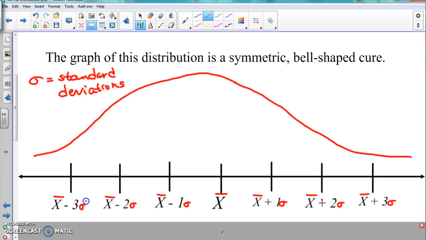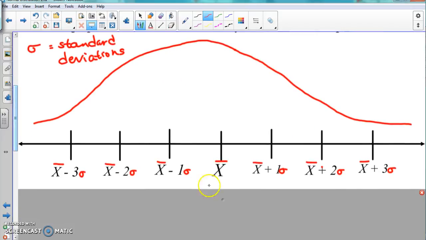Each one of these is the standard deviation sign, not an O. It's the sideways B. I'm sure people are going to say, well, Mr. Hall, I thought that was an O. No, that's not an O, guys. It's a standard deviation. We know x with the line over it is the mean. So this is the mean, and this symbol right here is a standard deviation.